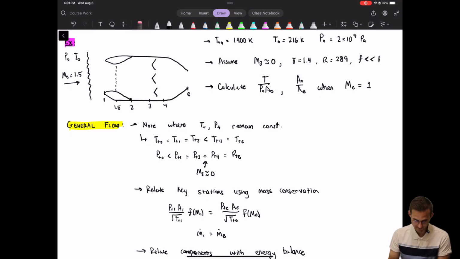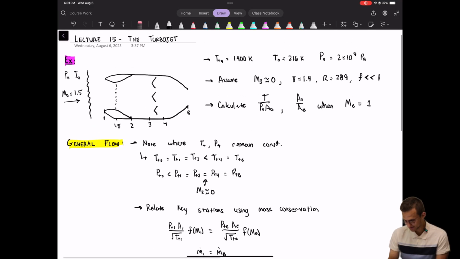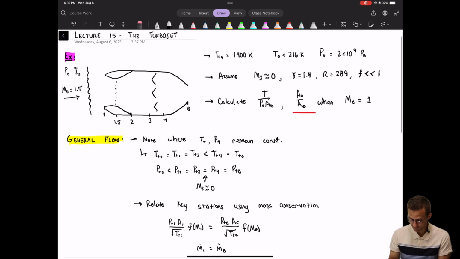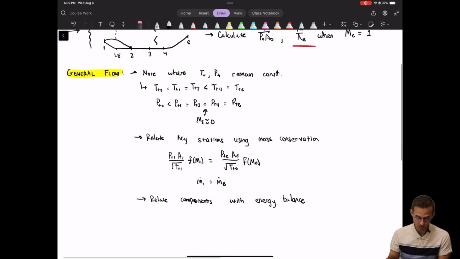Now, the first thing that we can do is whenever you're asked for an area ratio, like what we're asked for here, that should just scream in your mind, I better do a mass balance between those two stations, because from that mass balance I can easily pull that area ratio out.